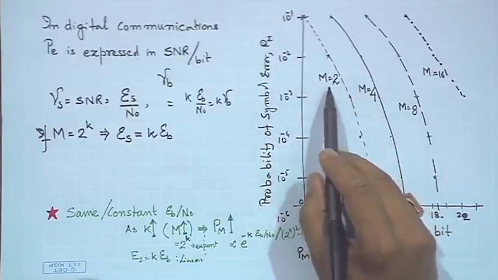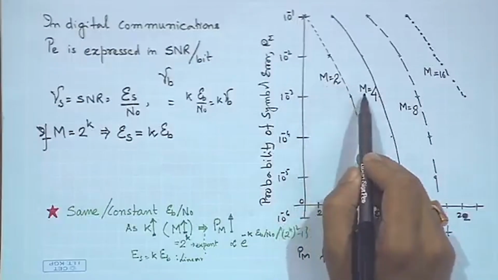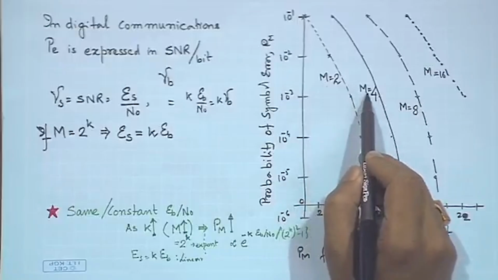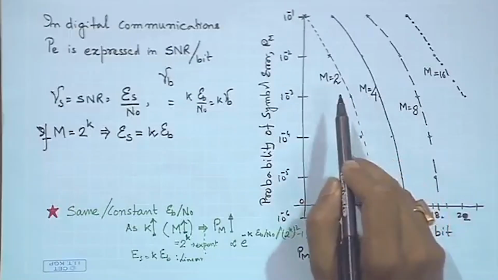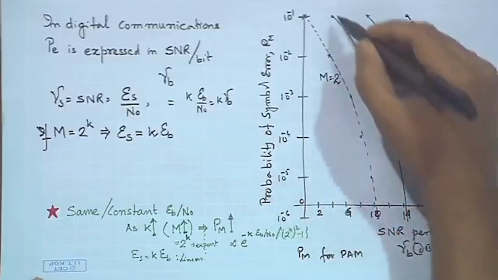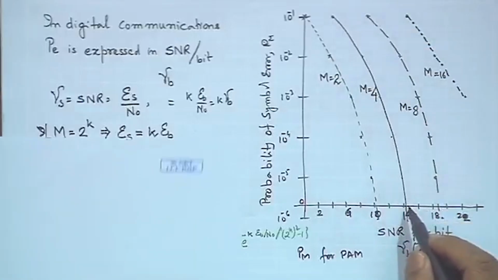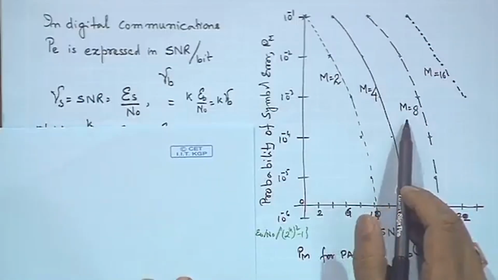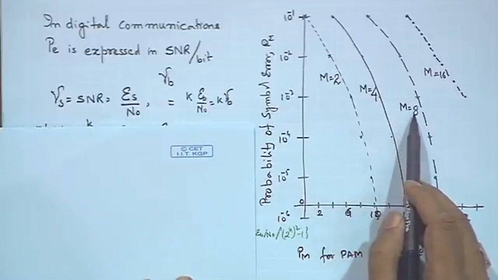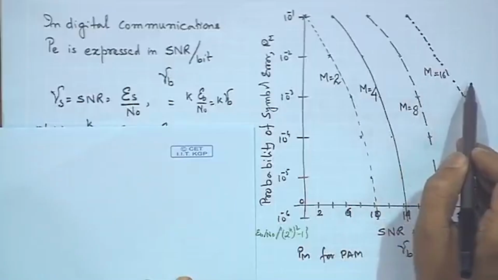Then we look at the result when M is equal to 4, that means a 4 point constellation: minus 3D, minus D, D and 3D. In that case the probability of error result looks like this, and as we increase M, that means as we increase the constellation size, the probability of error curve shifts to the right.